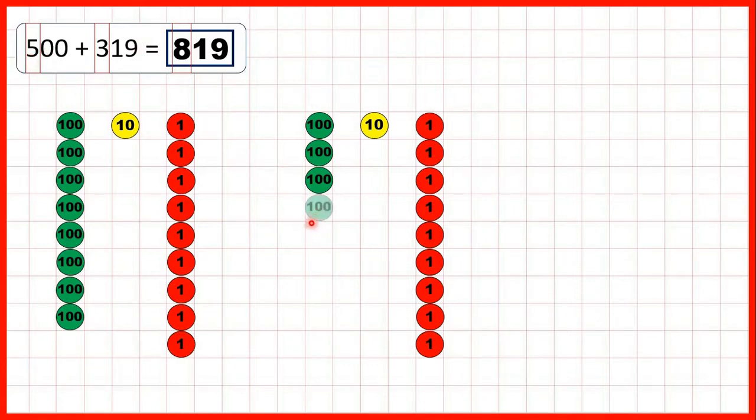If we add 1, 2, 3, 4, 5 hundreds, you can see that what we get is exactly the same. We still get 8 hundreds, 1 ten, and 9 ones. So that's what we mean when we say that with addition, order doesn't matter. We get the same answer no matter what order we add the numbers in.